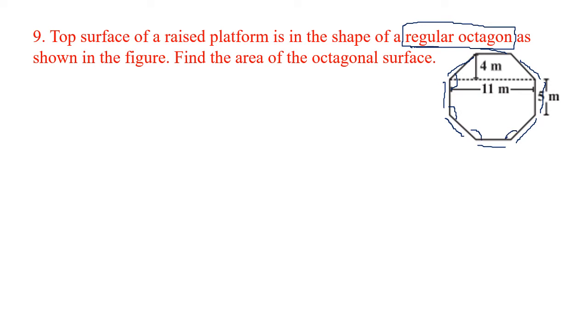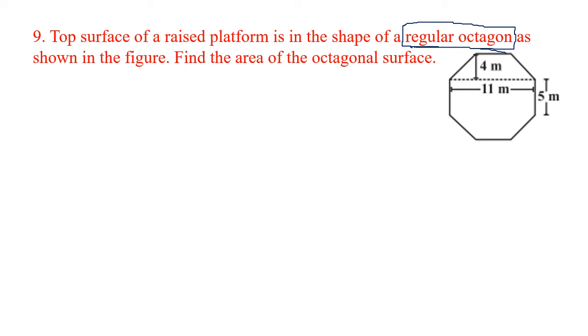Remember this word. Whenever you come across the word regular, it means all the sides are equal and all the angles are equal. That is the meaning of the word regular.